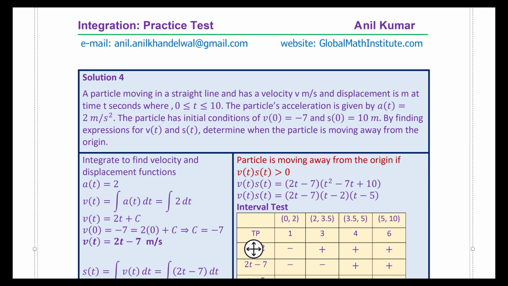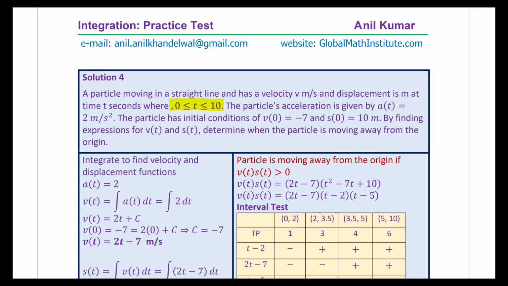Let's move on and take the next example, which is a particle moving in a straight line and has a velocity v meters per second, displacement s meters at time t seconds, where t is between 0 to 10. So we have to work in this interval of 0 to 10.